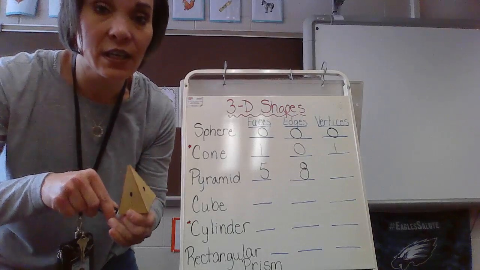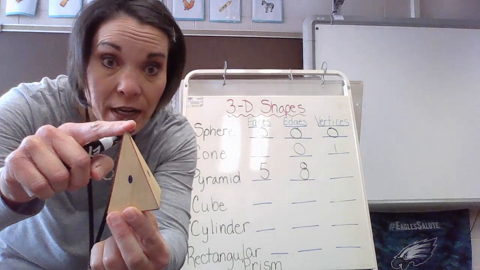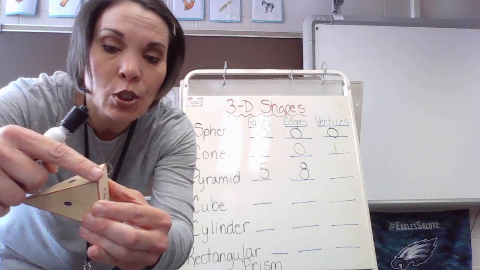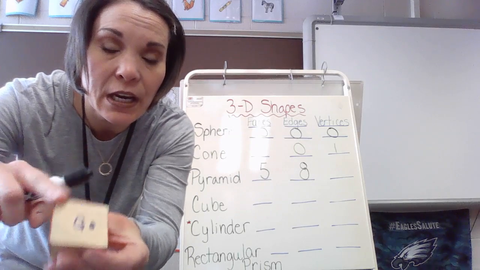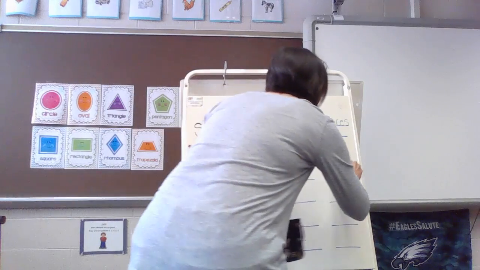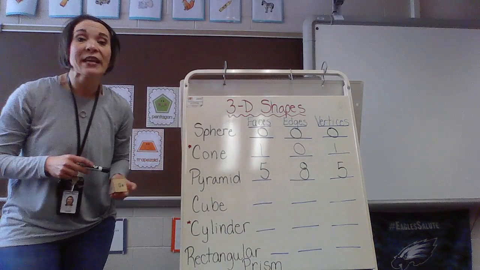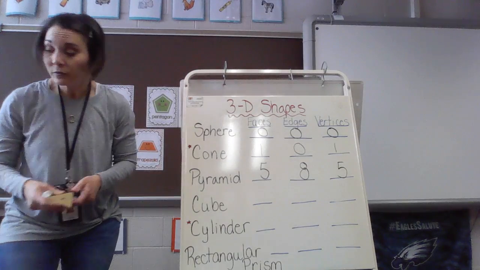And vertices, remember, are where those edges meet. So I have 1 here, 1, 2, 3, 4, 5. So 5 vertices.